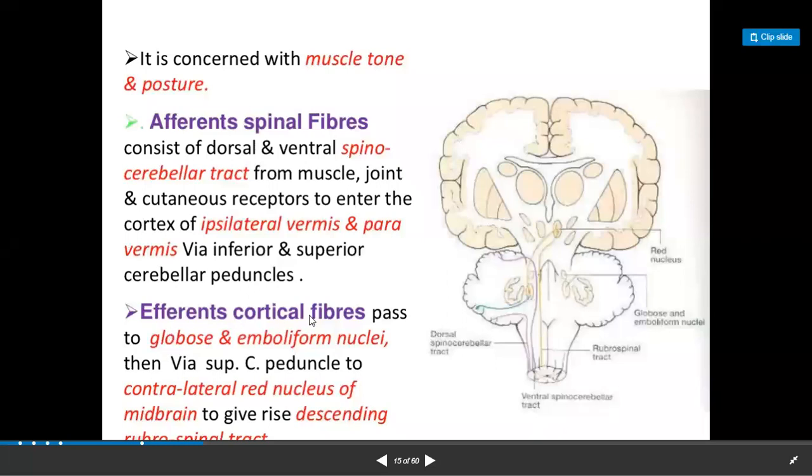The efferent cortical fibers start from the cerebellum, right? They start from the globose nucleus and emboliform nucleus via the superior cerebellar peduncle to the contralateral red nucleus of the midbrain to give the descending rubrospinal tract. Rubro means red nucleus to the spinal column.